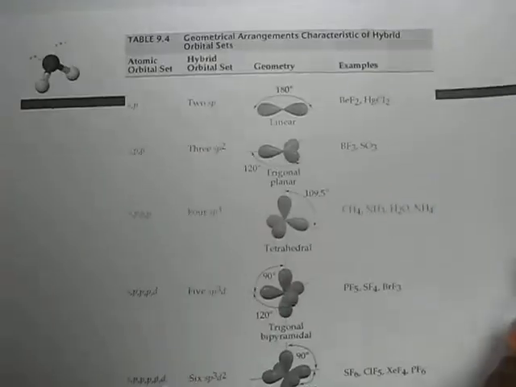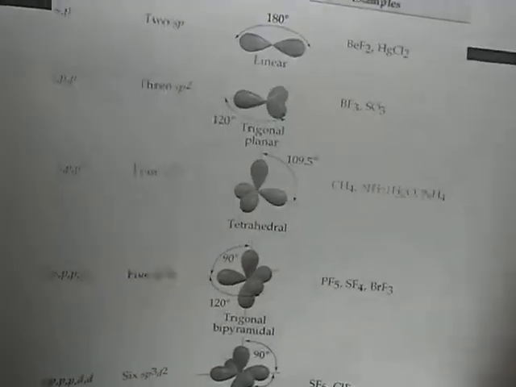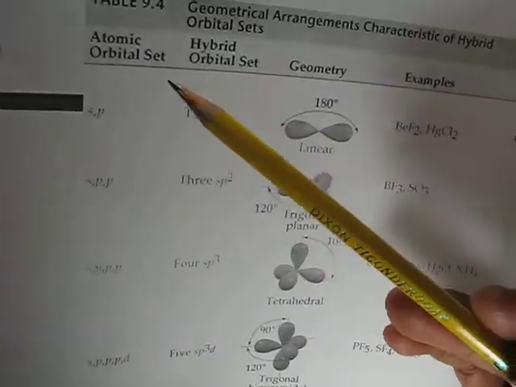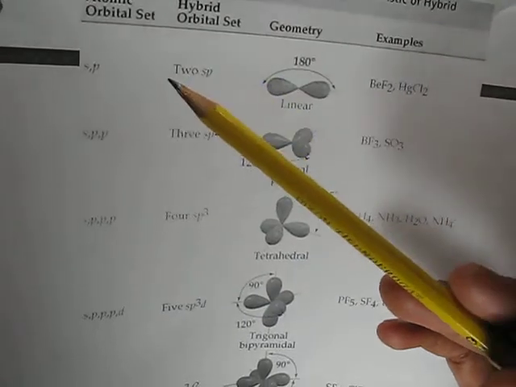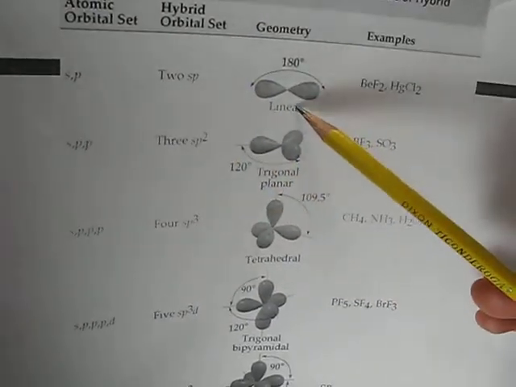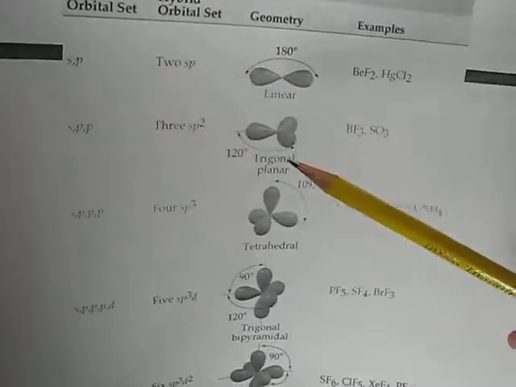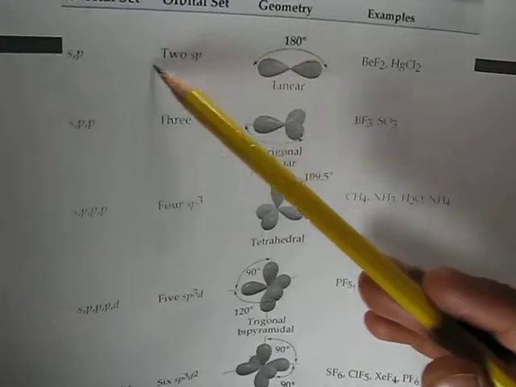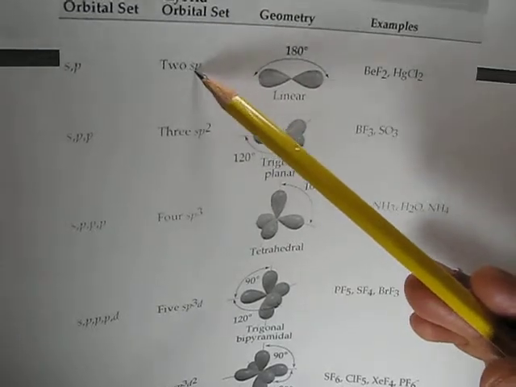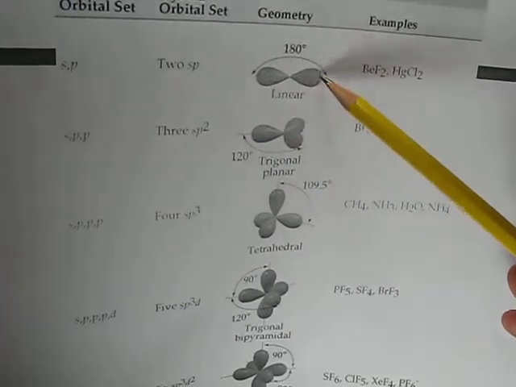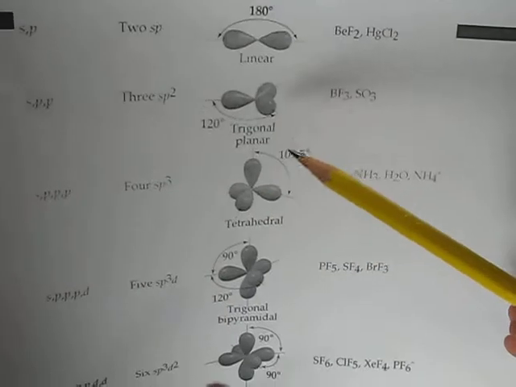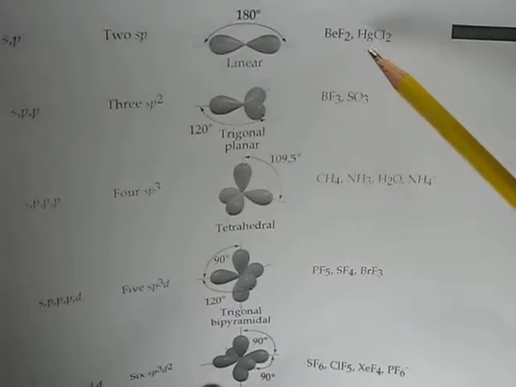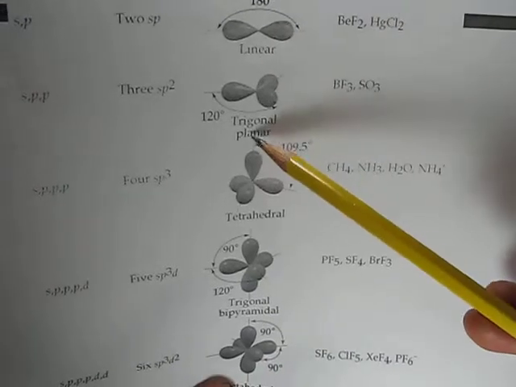Here in this chart, once again, all the hybridization is based on the electron pair geometry. If the electron pair geometry is linear, the hybridization will be sp. These sp means there are two sp orbitals, 1 and 2. Examples are BeF2, beryllium difluoride, and mercury chloride.